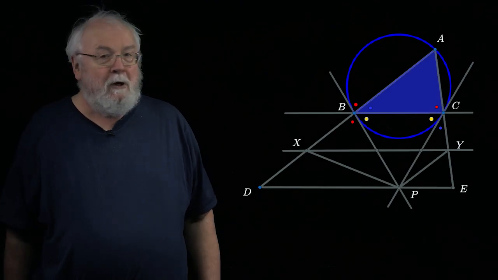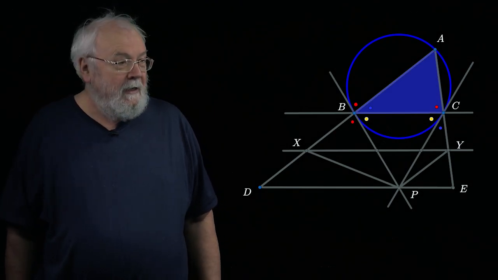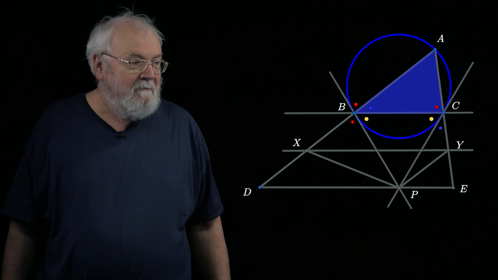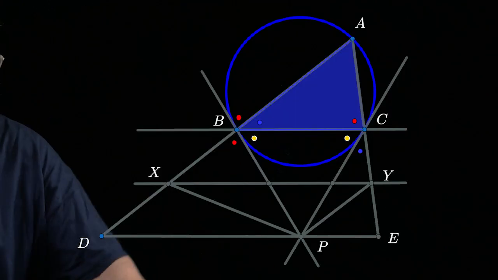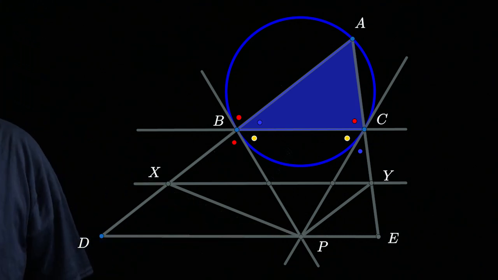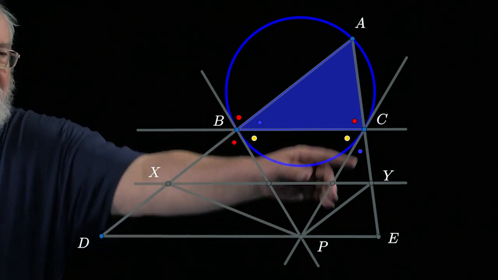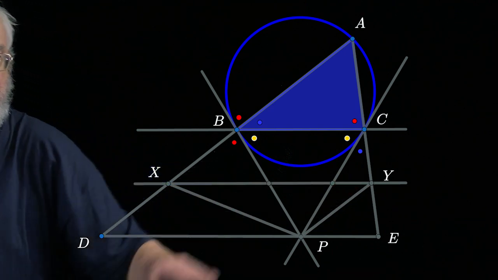So to make further progress, we have to do some geometry, and that takes the form of, well, a construction line. So draw a line through P which is parallel to BC. There it is.